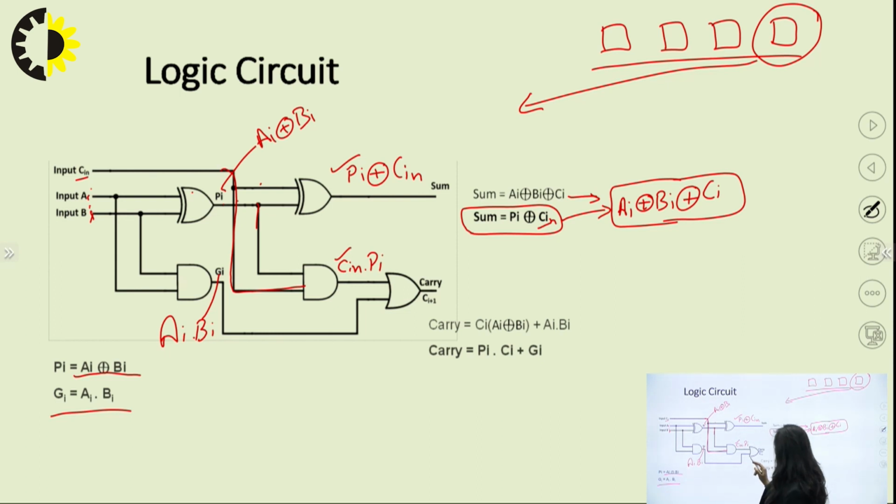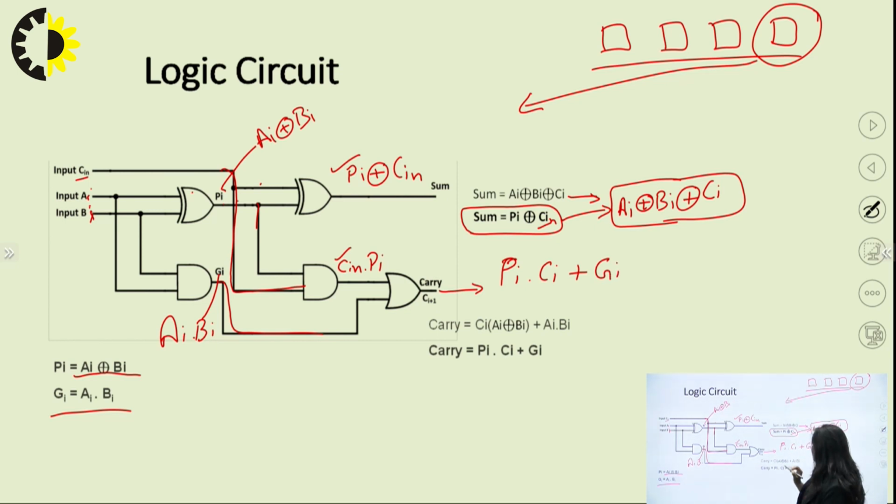Because this is an OR gate, you can use the add symbol to represent the OR gate, which gives Pi dot Ci plus this final Gi.